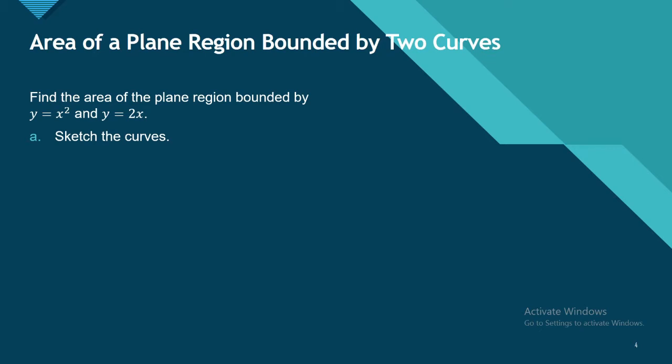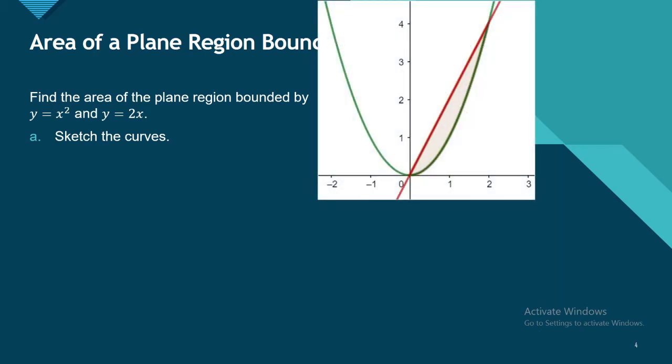You're familiar with y is equal to x squared, that is just a parabola, and y is equal to 2x is a steep line. This is how your functions appear in relation to each other, and the shaded region is the region whose area we are working on.